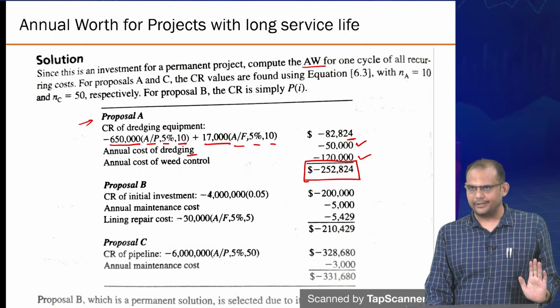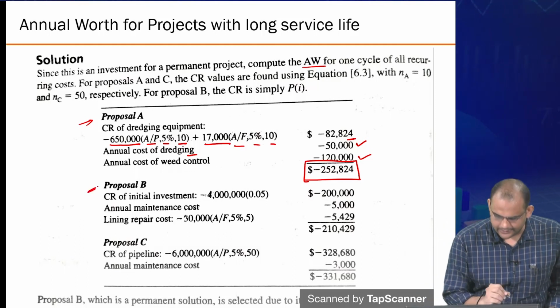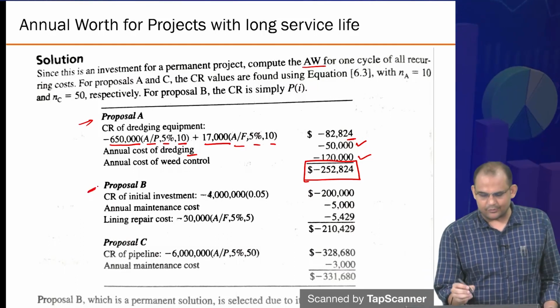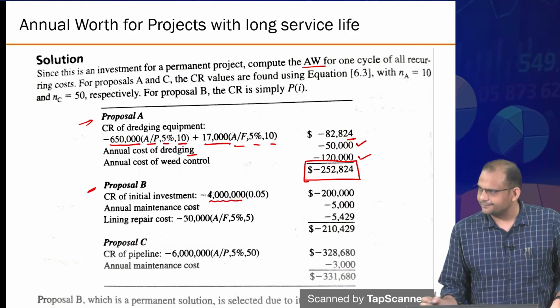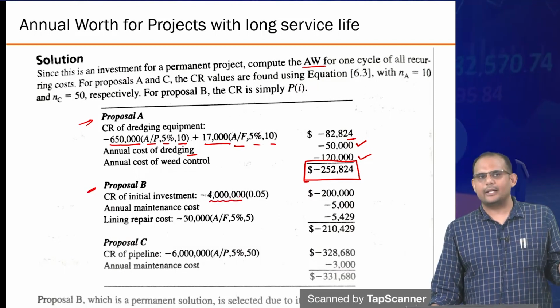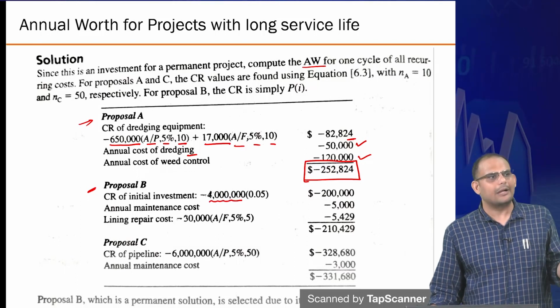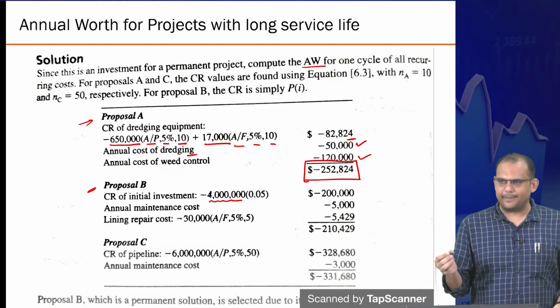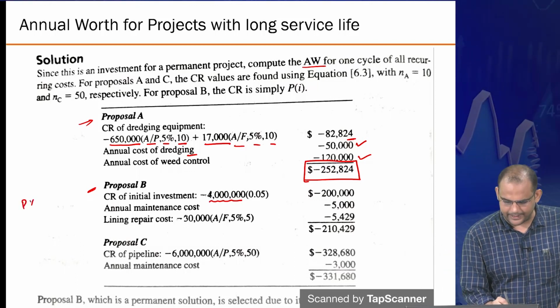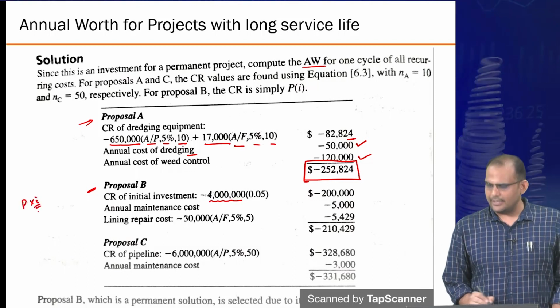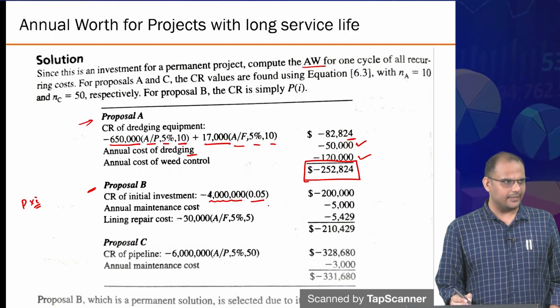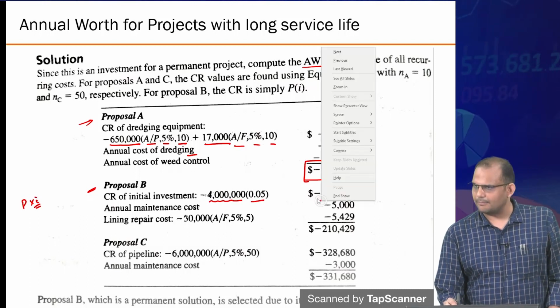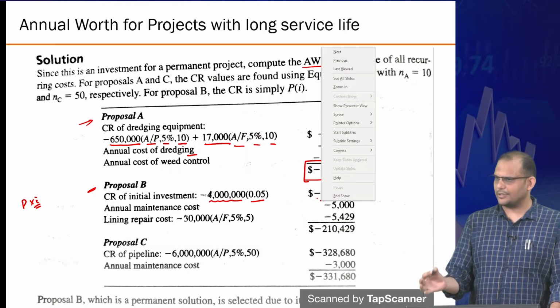Making sense? Proposal B, your initial investment is what? 4 million. You need to calculate the present worth. I am telling you n is infinity. So instead of using the formula of A/P, what you just do is simply multiply P into i, right? i is 5%. So this comes out to be minus $200,000.